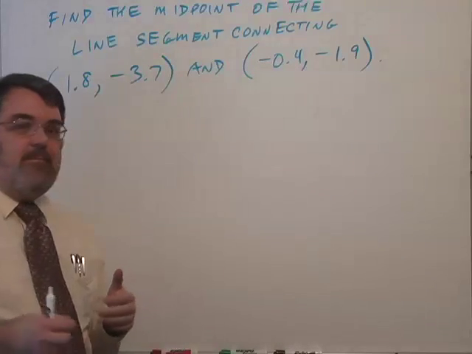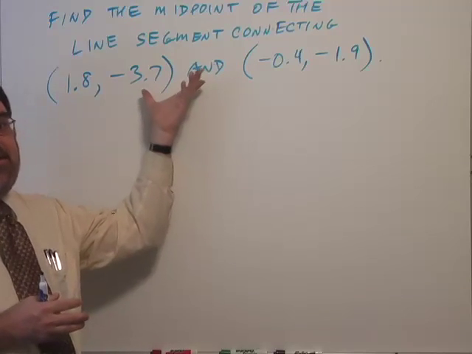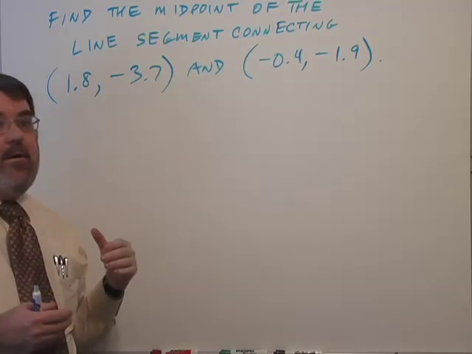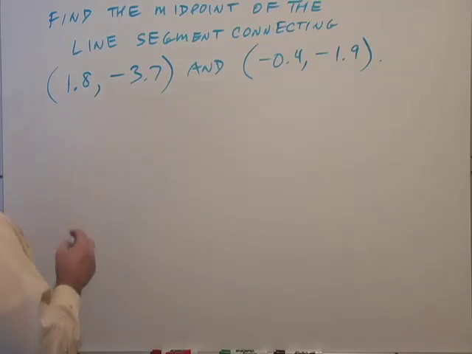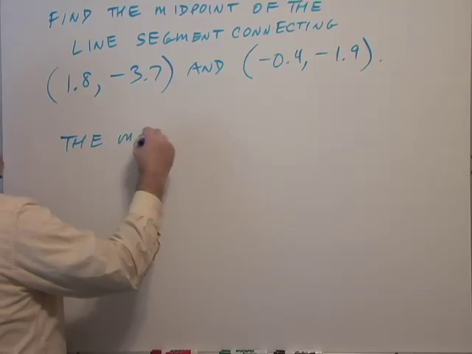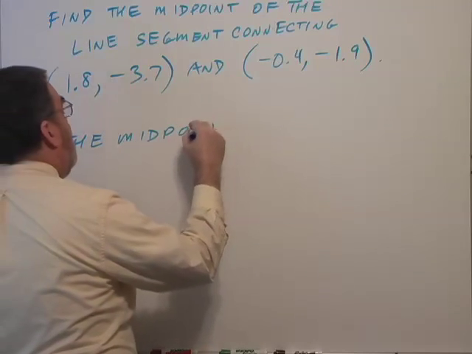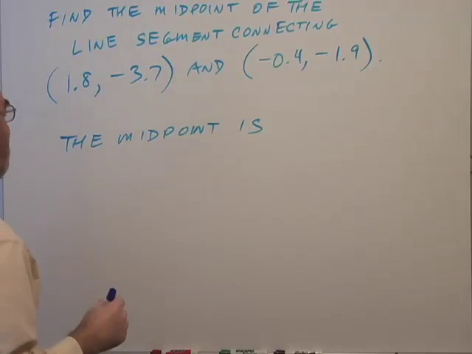To find the midpoint of this line segment, all I need to worry about are the averages of the x's and averages of the y's. So the midpoint is, and yes, I do expect you to write sentences for me.